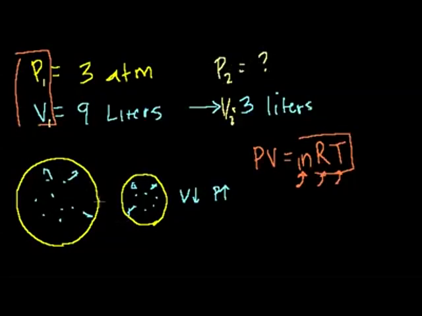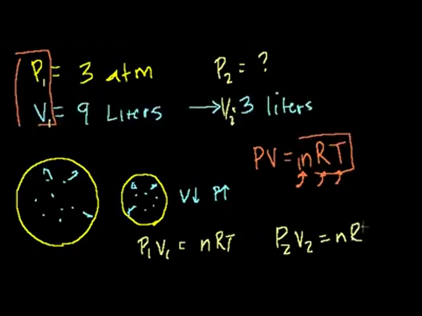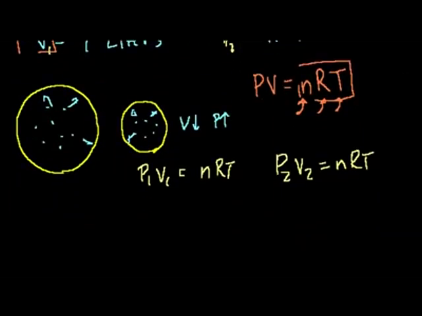We know that P1 times V1 is equal to nRT. And since temperature and the number of moles of our gas stay constant, P2 times V2 is also equal to nRT. Since they both equal the same thing, as long as the temperature is held constant, the pressure times the volume will be a constant.